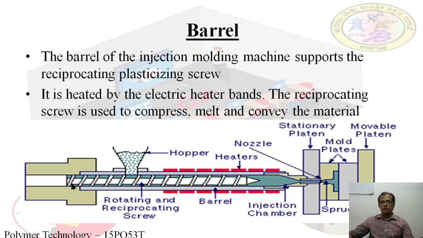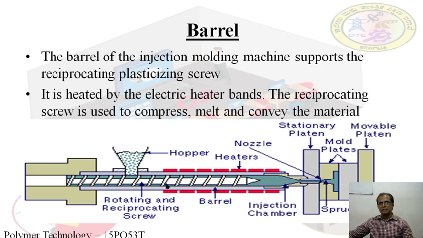This diagram shows the barrel which is placed horizontally. In most of the machines, the barrel is placed horizontally and heaters are placed like this onto the barrel. These are circular band heaters.